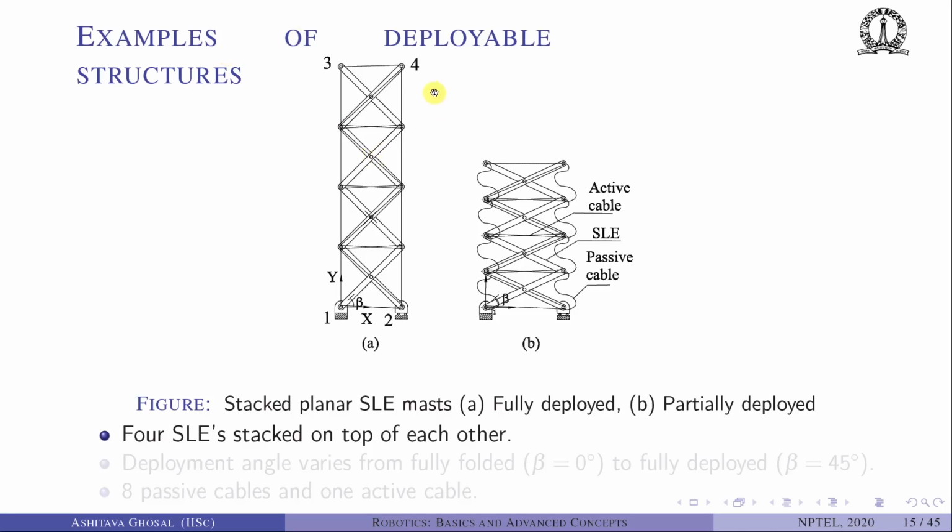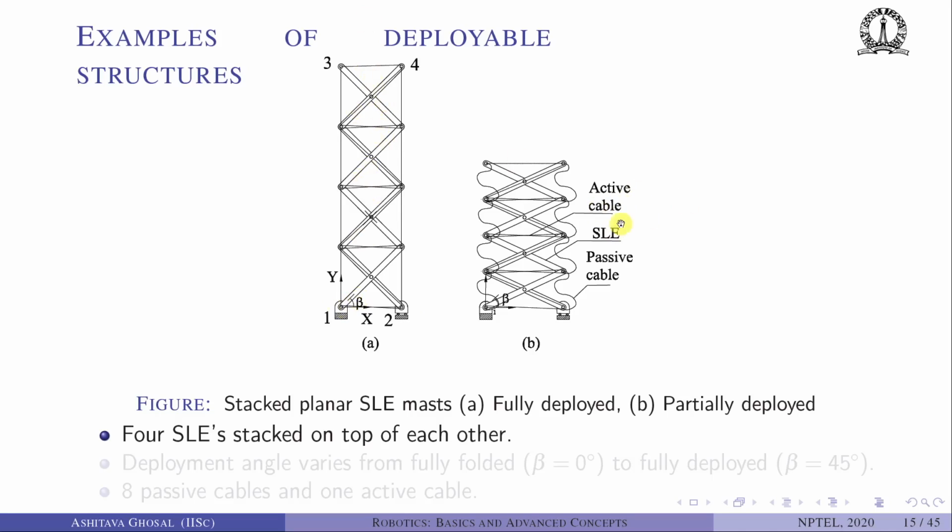So we can have several such SLE or scissor-like element masts, one on top of the other, and then there is a cable which is running. This is an active cable along the diagonal. So what we want to do is, as you pull this cable, each of these points will start going towards each other, and the length along the y-axis will keep on increasing.